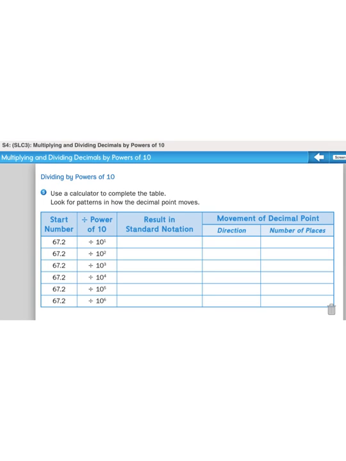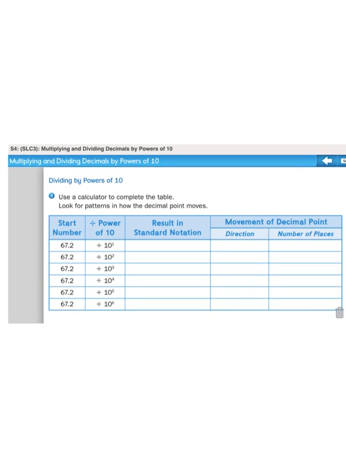It says, use a calculator to complete the table. Look for the patterns in how the decimal point moves. So our starting number here is 67.2, and we're going to divide by 10 to the first. So when we do that, the answer is 6.72.